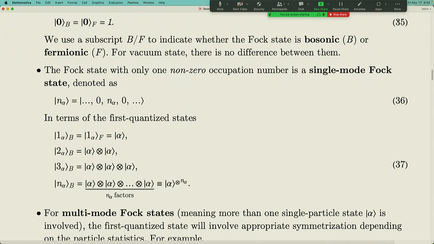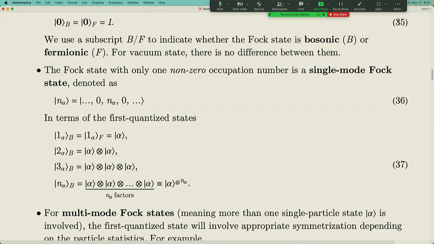And if you have 3 bosons occupying the alpha state, that means you can write it in this way, that the first particle is in alpha, second in alpha, third is also in alpha. But then we don't care about this label of the particle. We don't care which one is the first. So after symmetrization, it's still this state. And then you can write n bosons occupying alpha as alpha tensor to the nth power.